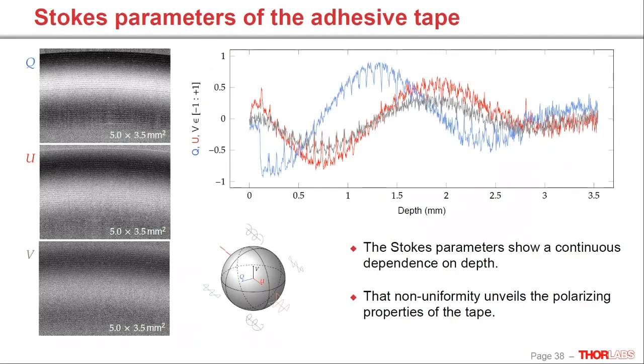So we can also compute images for these three parameters, Q, U, and V. And we can also see our tape here again, and we see that in the Stokes parameters they show a continuous dependence over depth.